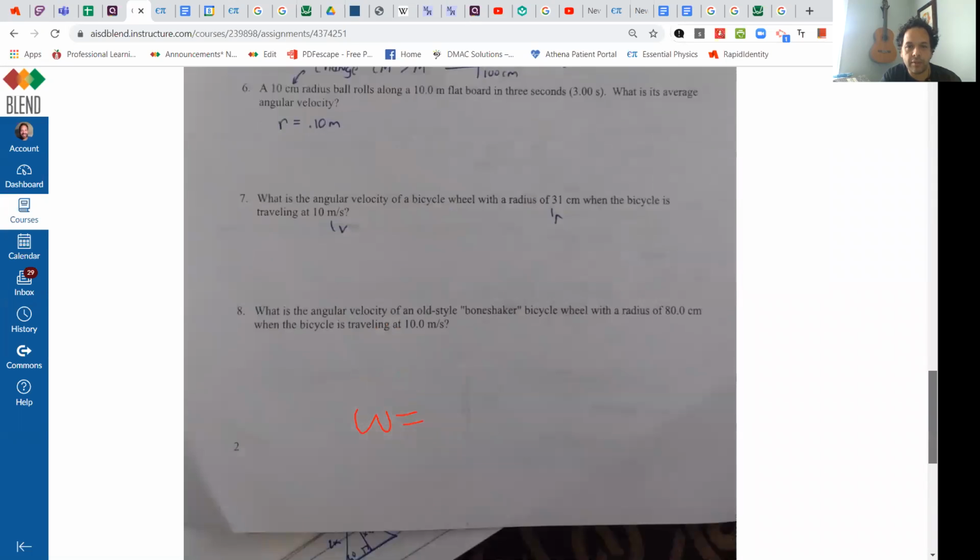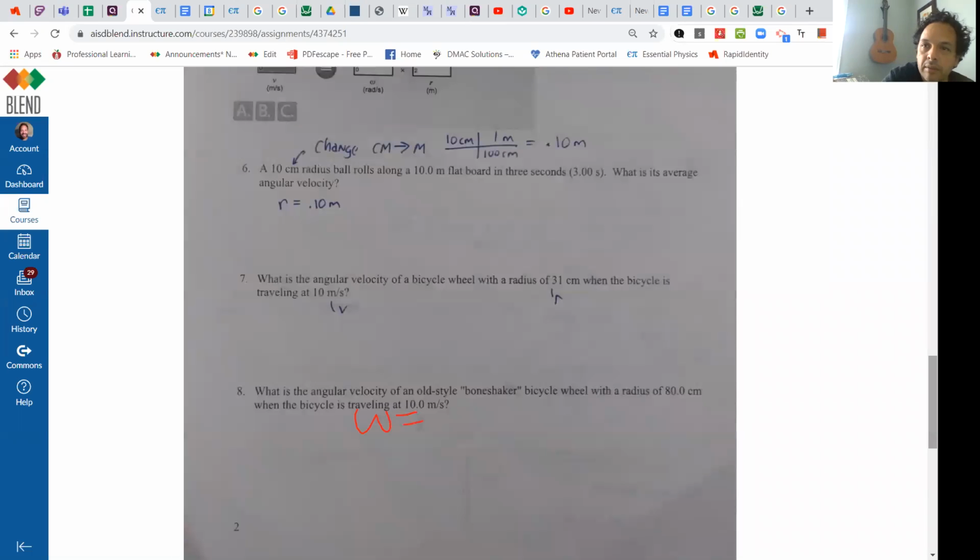Angular velocity equals V over R. Oh yeah, so if they want you to find the angular velocity, but if you look at the equation for velocity, and we go through this in the notes, bigger R, bigger radius equals bigger velocity.